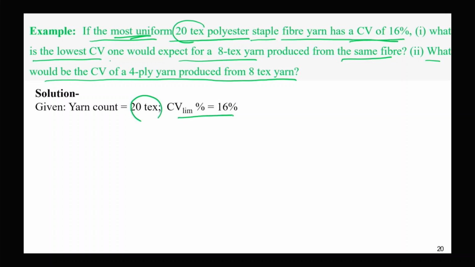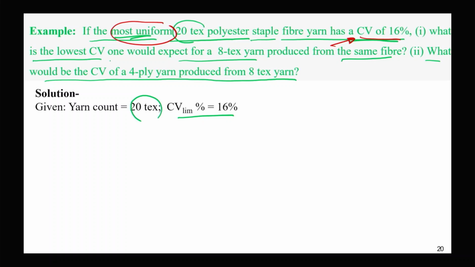When most uniform yarn is mentioned, that is the better, optimum performance of machine. So this is limiting irregularity.